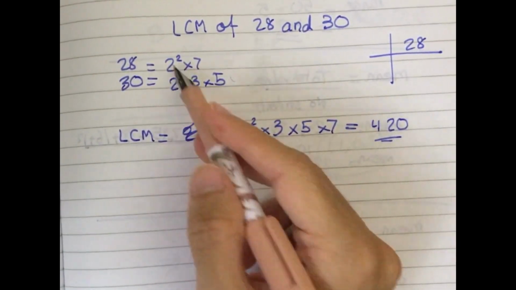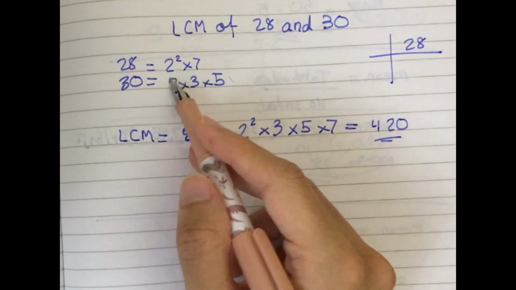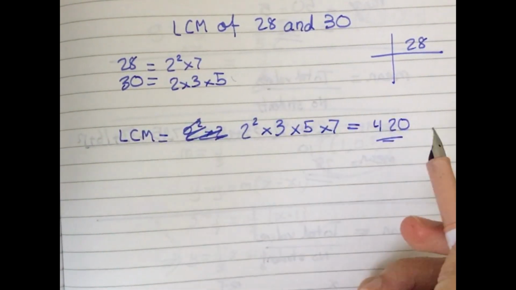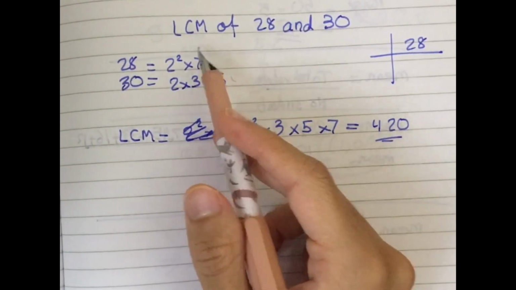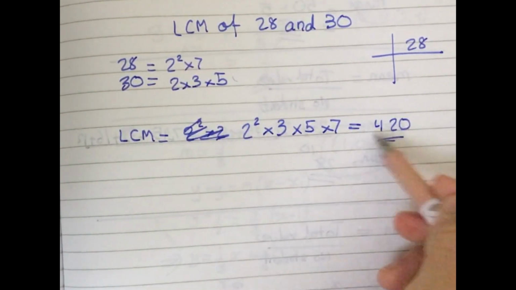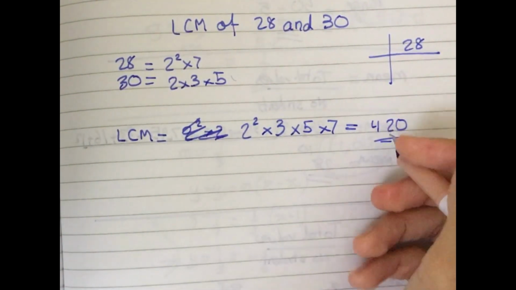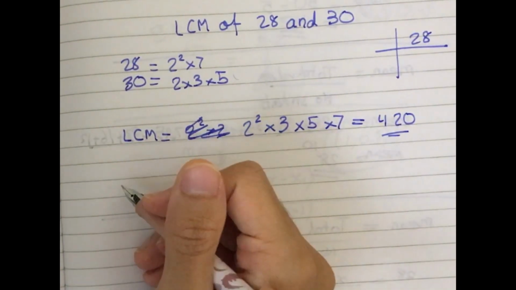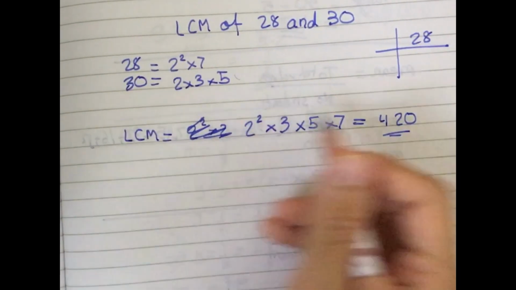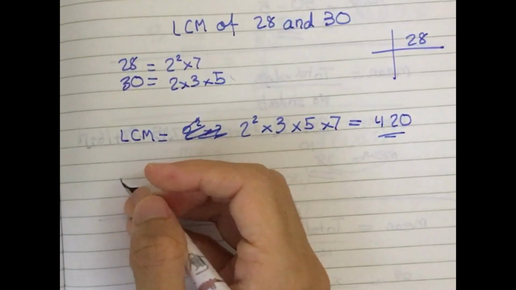Both have 2, but this one is greater, so it can cover for that, so 2 square. There's no 3 here, I write 3; no 5 here, I write 5; no 7 here, I write 7. The whole thing is 420. You can check it. LCM means lowest common multiple, or least common multiple.